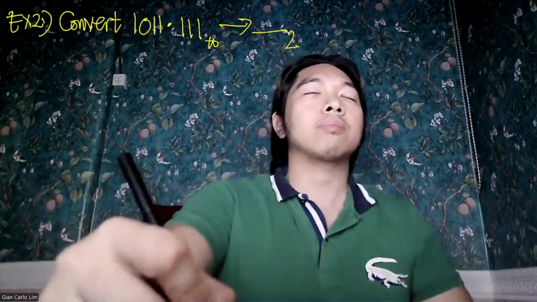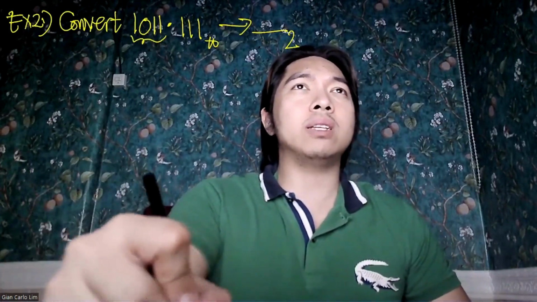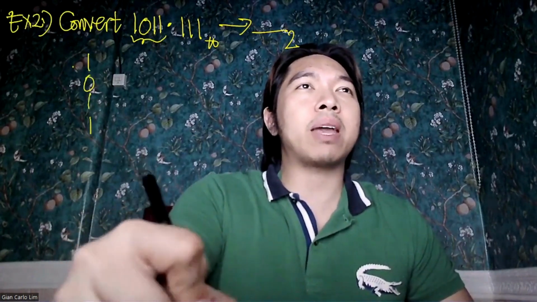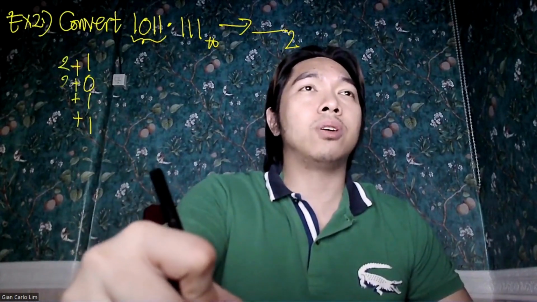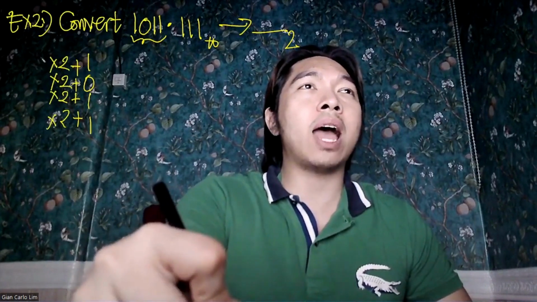Yung kanina is umabot tayo ng pang 6. Alright. So base 2 converting to base 10. In order to convert that, let's go first with the whole number part. So 1011, unti-untiin natin kasi hindi naman pare-pareho ang ating learning curve. Okay, may mga mabagal sa atin mag-solve.